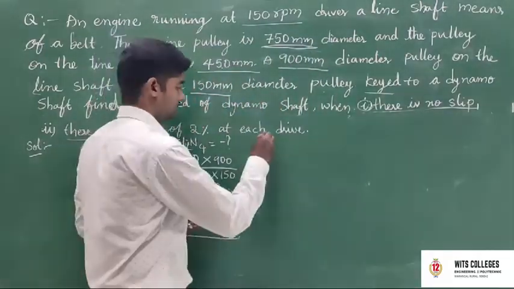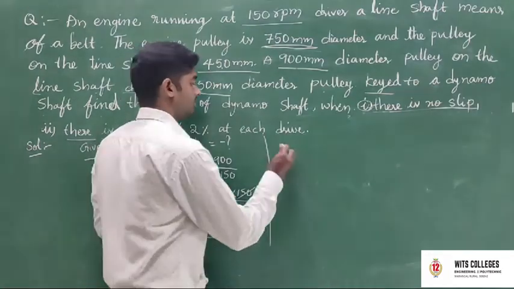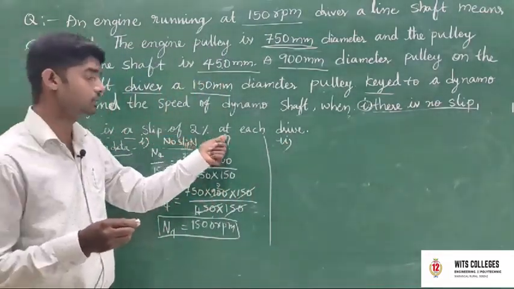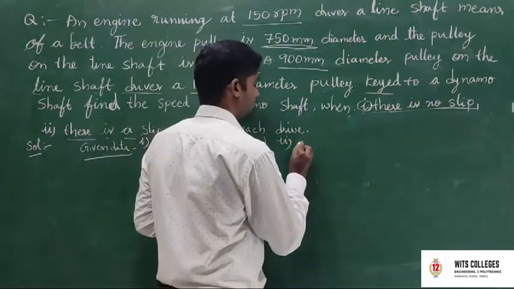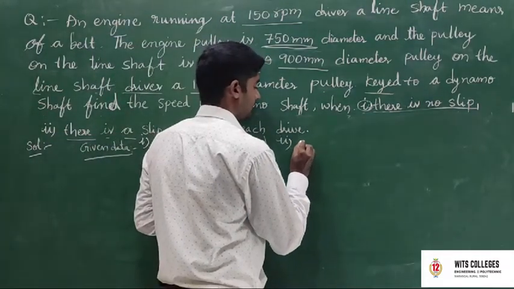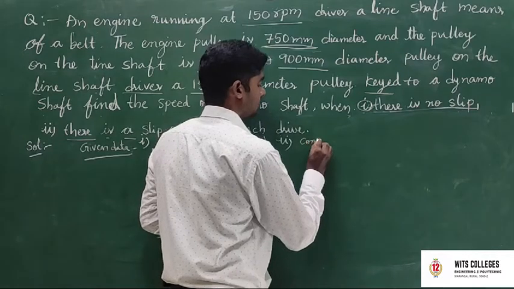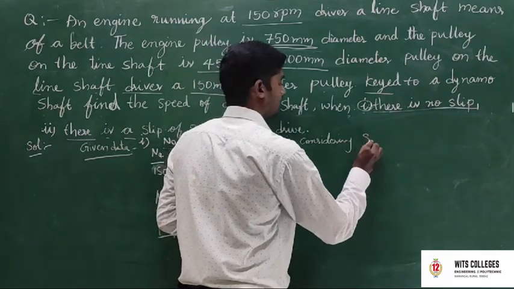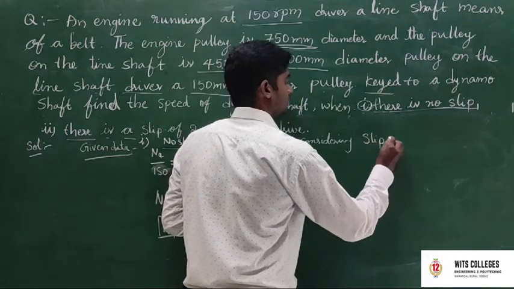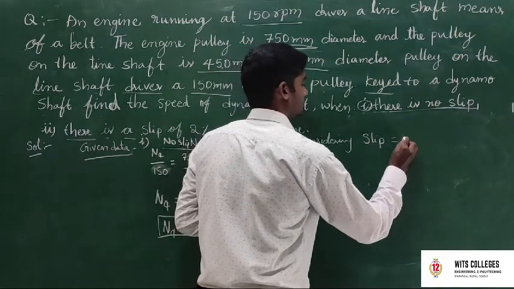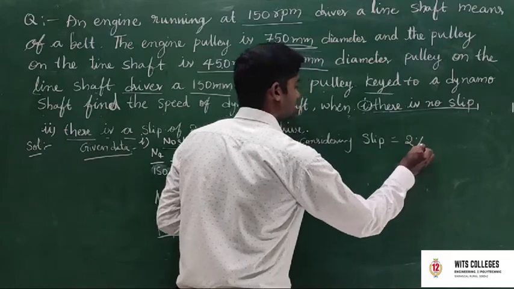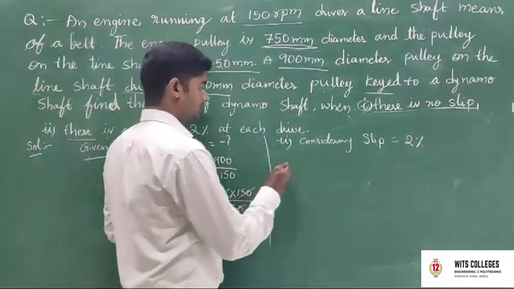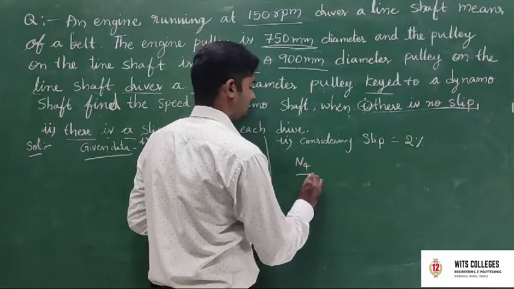The second condition is a slip of 2%. Consider slip equal to 2%. In considering slip there is one formula for N4 by N1.